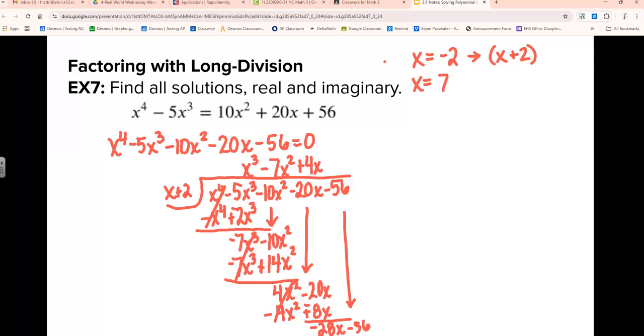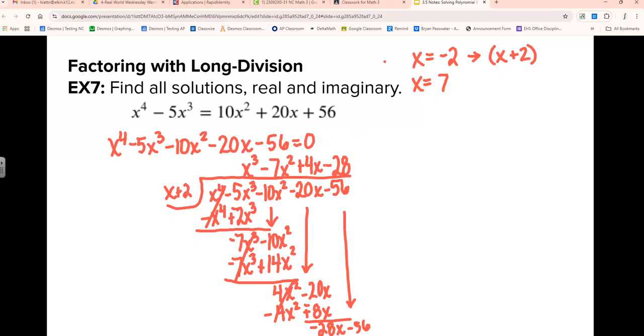And I have to ask myself, what times x gives me -28x? That's a -28. -28 times x is -28x. -28 times 2 is -56. Both of those terms are going to cancel out. I'm out of room to write that down, but they do both cancel out whenever you multiply.